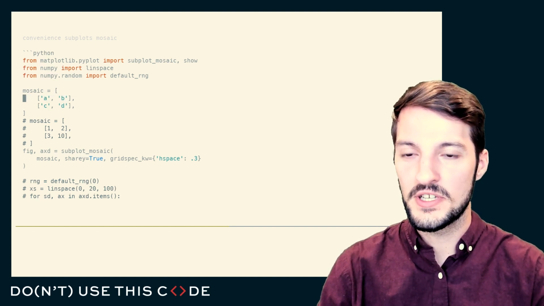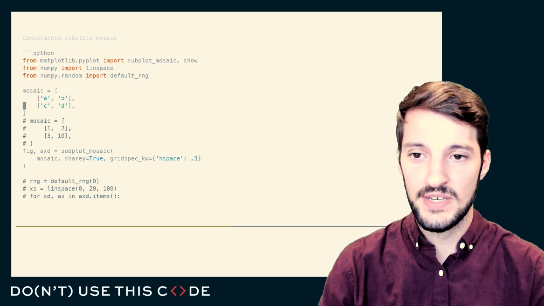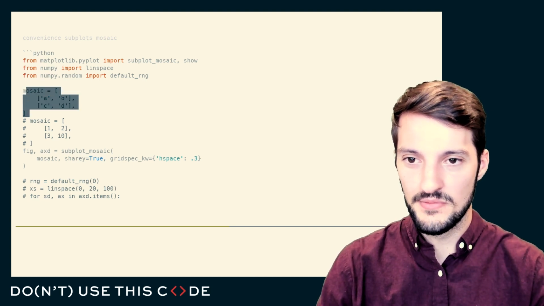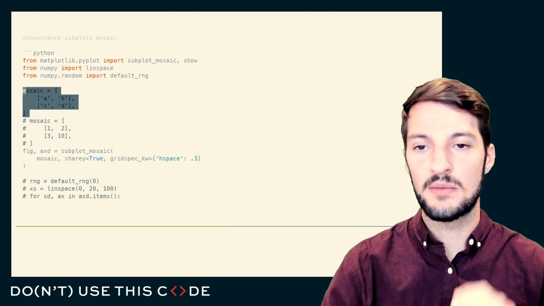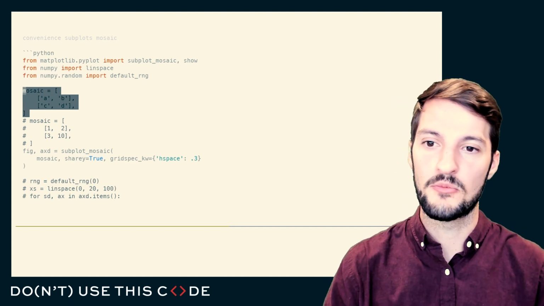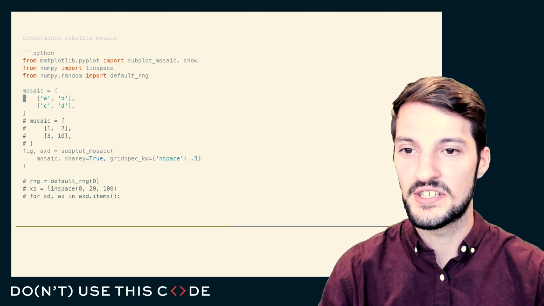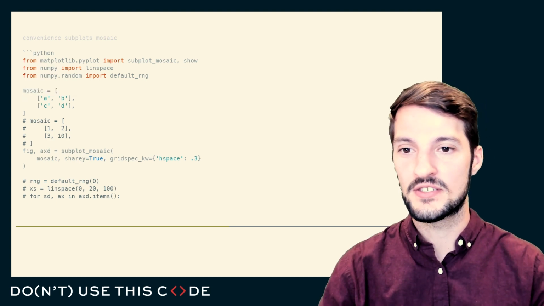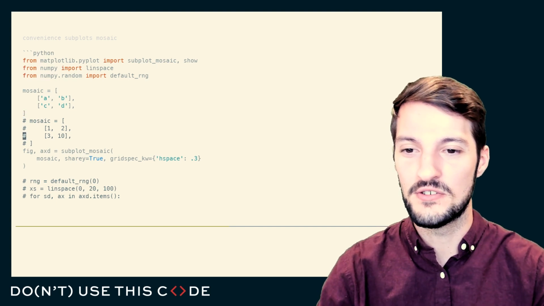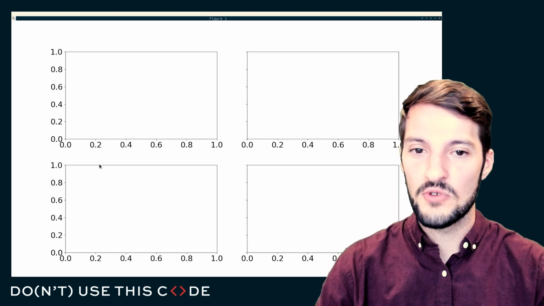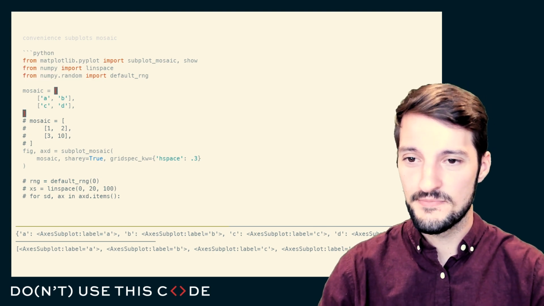If you look at this visualization, you'll see I have 4 unique characters, A, B, C, and D. This is telling Matplotlib that I want 4 unique sets of axes: one on the top left, one on the top right, one on the bottom left, one on the bottom right. I'm not specifying the number of rows or columns; that's all done implicitly just by having this 2-dimensional nested list, so to speak. If this were a NumPy array, it would be 2-dimensional. And so when I draw this, we see I end up with a 2x2 grid of axes.